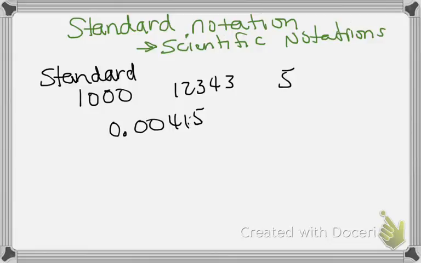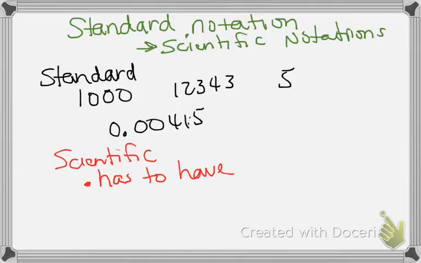All right, a scientific number, however, looks a little different. And we'll change color here so you can see a little bit. A scientific number has a couple of things it has to have. These are little notes that I usually make. The first thing, it has to have one number in front of the decimal.